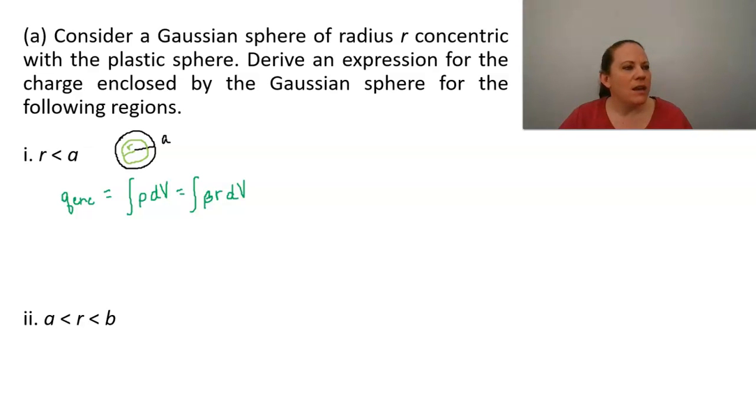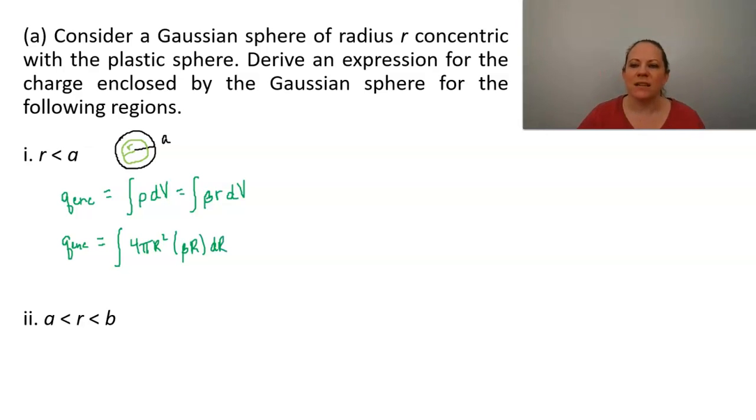So now we need to replace that dV with our proper variable for integration, which is R. So dV is going to become 4 pi R squared, I'm using capital R here, times beta times capital R, d capital R, and this is of course because little r was meaning the radius of our Gaussian surface, so I needed a different variable.